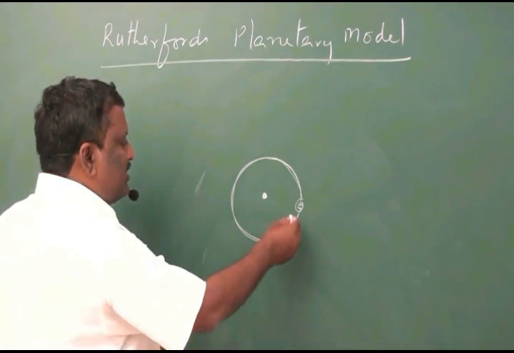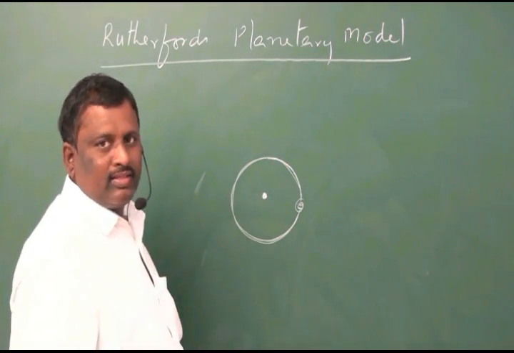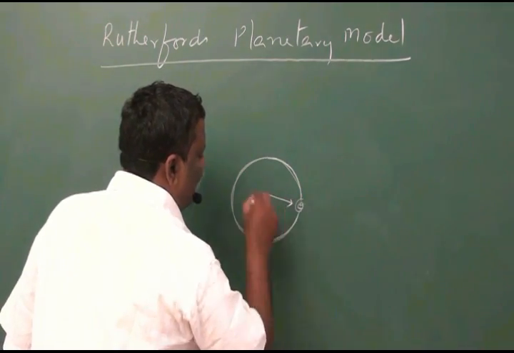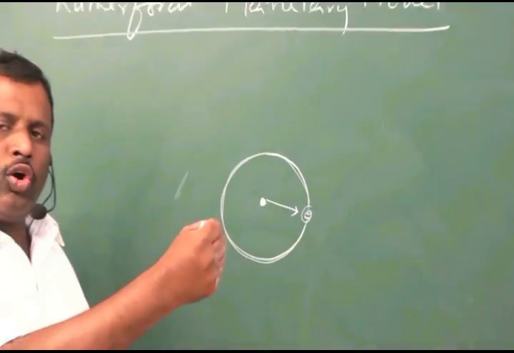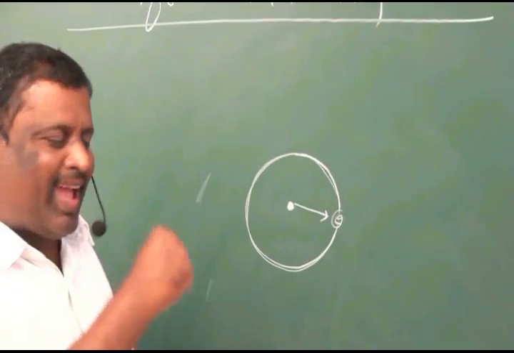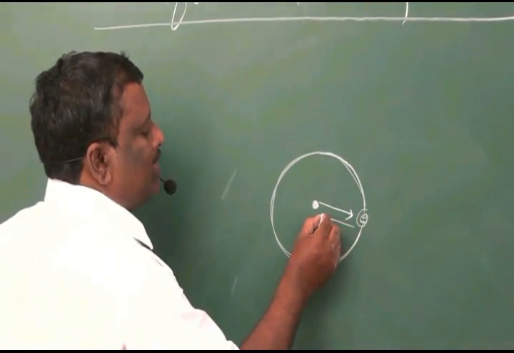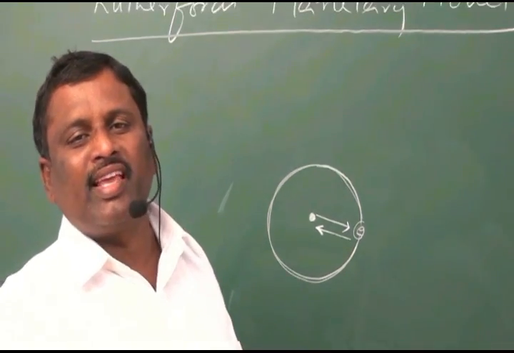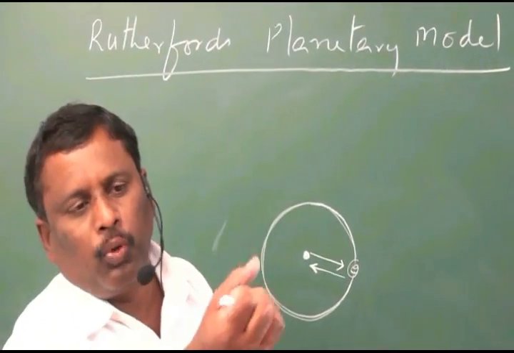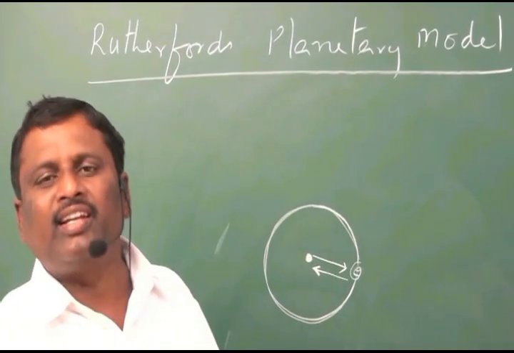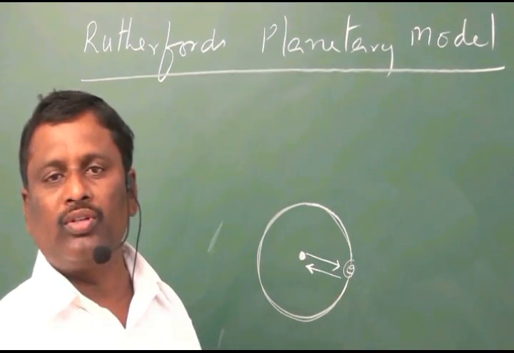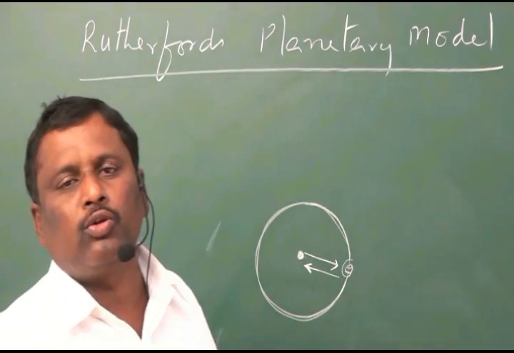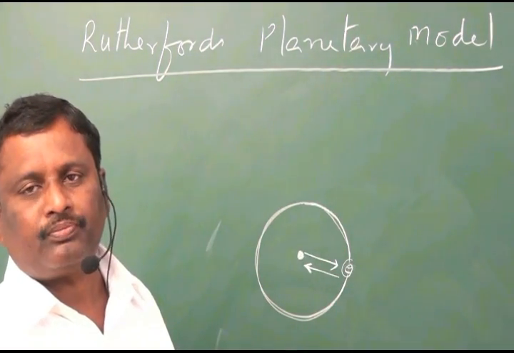So, due to this revolution around the nucleus, a centrifugal force will arise, and this force will push the electron away from the nucleus, so that this electron will escape from the nuclear attraction, which is known as centripetal force. The force which pulls the object towards its center is said to be centripetal force, and the force which pushes the object away from its center is said to be centrifugal force.